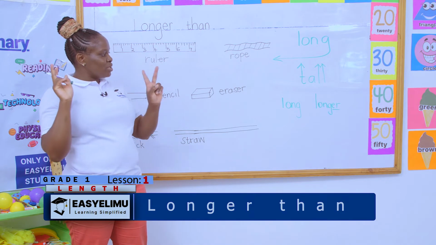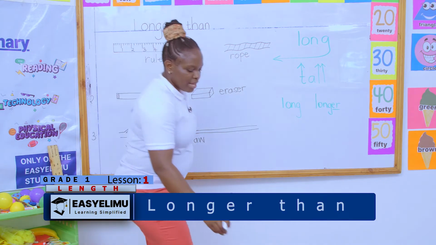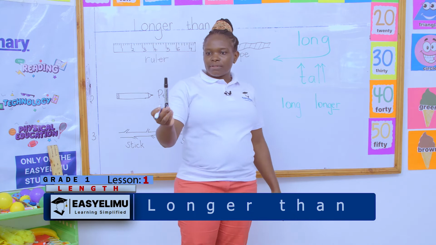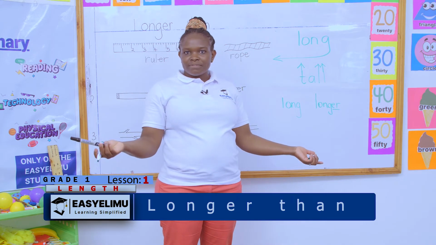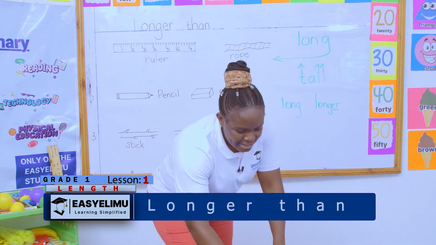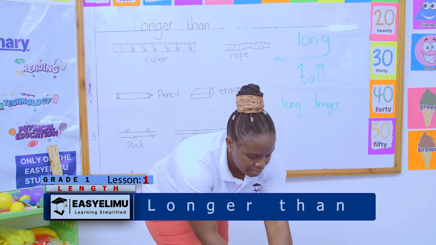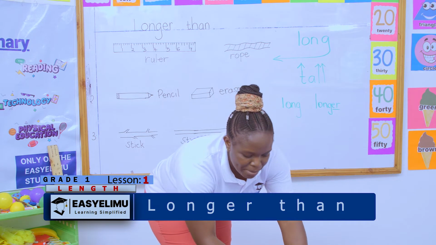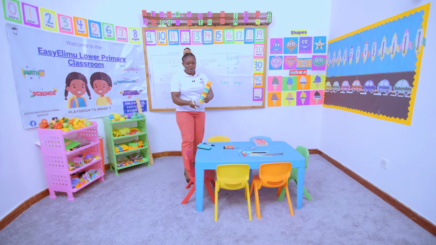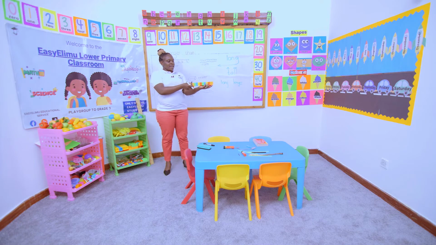It is a comparison between two things. I cannot say, this pen is longer than, but I can say, these blocks are longer than the pair of scissors. Are we together? Can you see? Because I have two items in my hand.